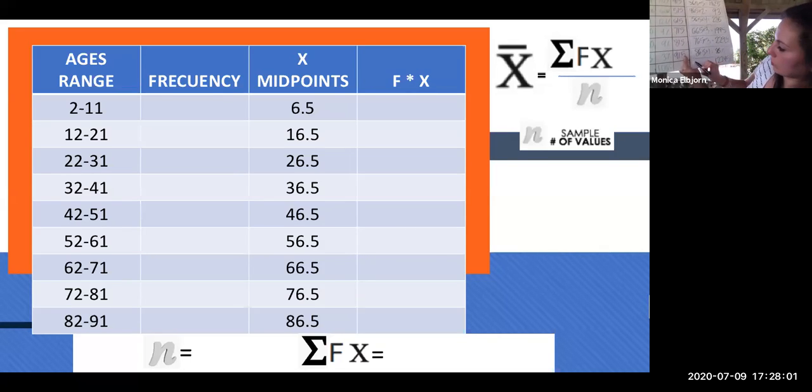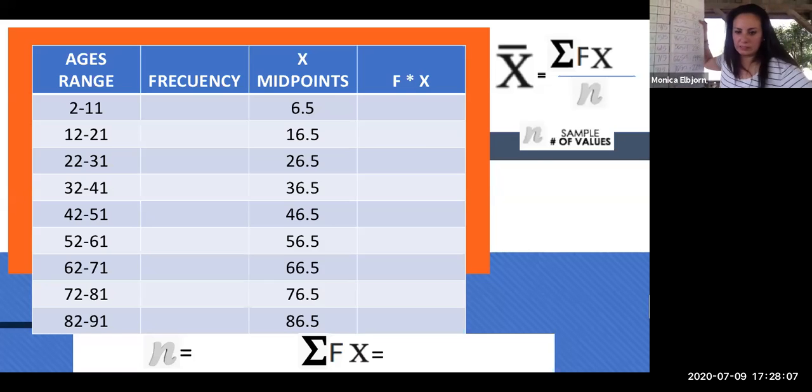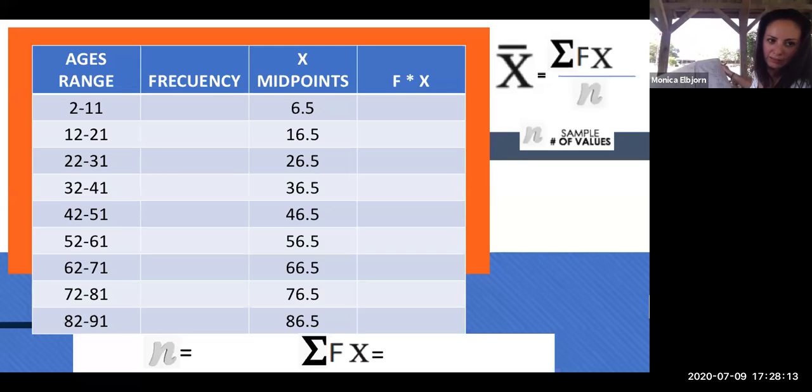That's going to give us our mean, weighted average: 37.1. So that's our weighted average.